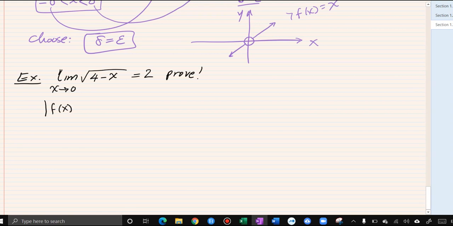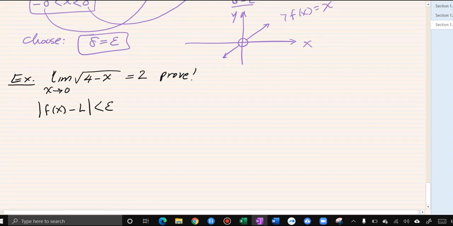And if we are able to find the delta for the epsilon, that means it's got to be 2, because we can make it to 2. Now let's take a look at this statement. We have absolute value of f of x, which is square root of 4 minus x, minus the limit, the limit is 2, less than epsilon.